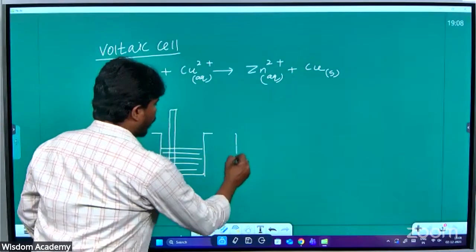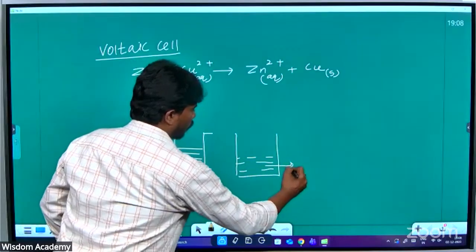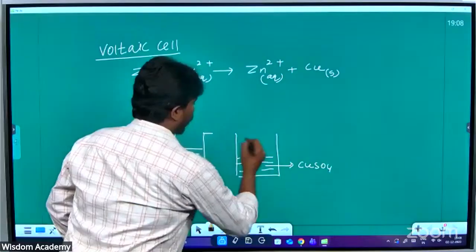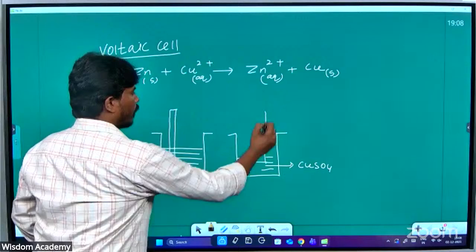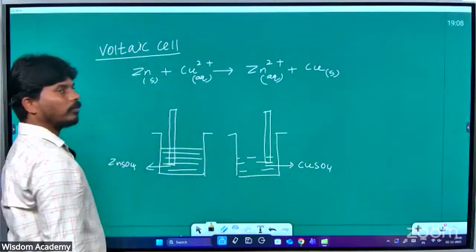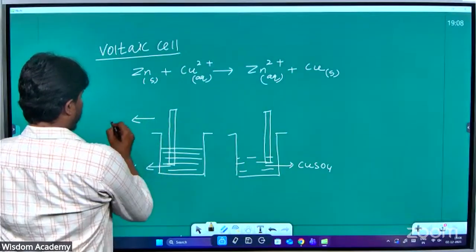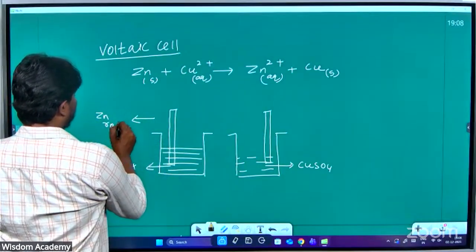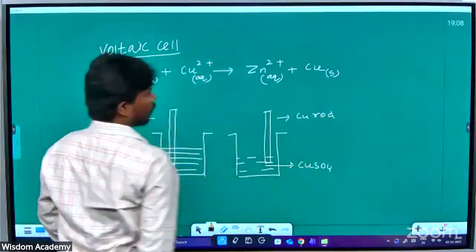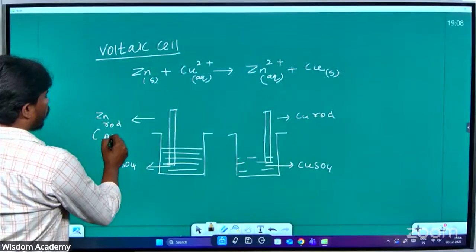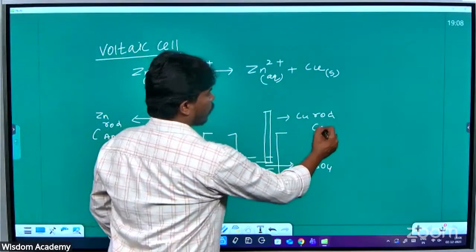Another compartment contains copper sulfate solution, and here a copper rod is introduced. Zinc rod acts as the anode, and the other one is the cathode.